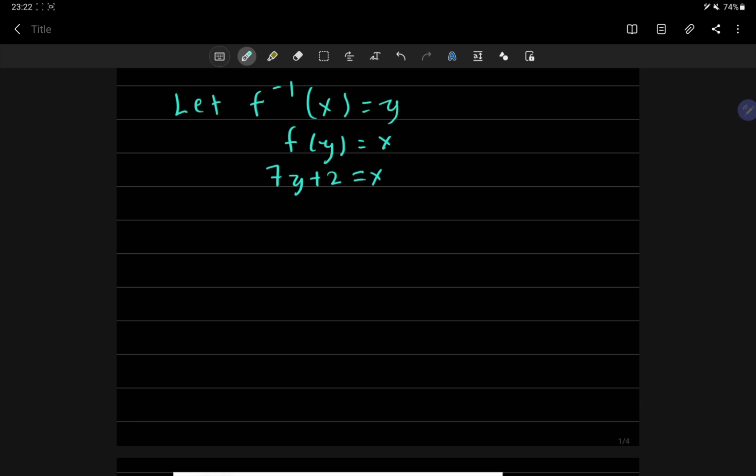The main idea here is we need to move everything except y to the right hand side. So 7y equals x minus 2, and y equals (x minus 2) over 7. We let our final answer be f inverse x equals (x minus 2) over 7.